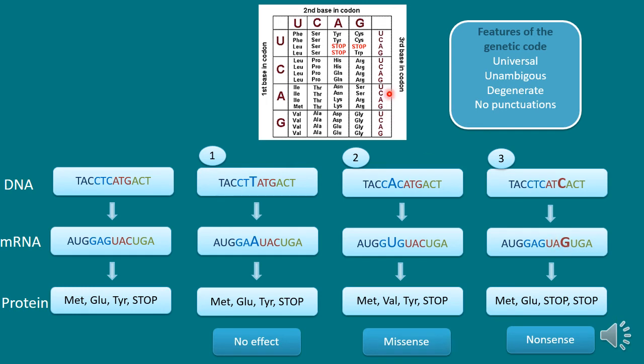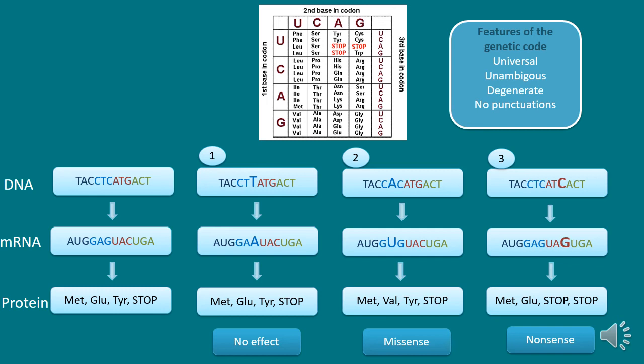And as you can see here, UAG is a stop codon. So this mutant codon will not call for any amino acid. Instead of calling for amino acids, it will give the signal to stop the protein synthesis. Therefore, this type of mutations are called nonsense mutations.